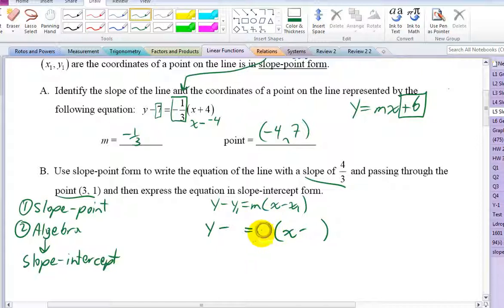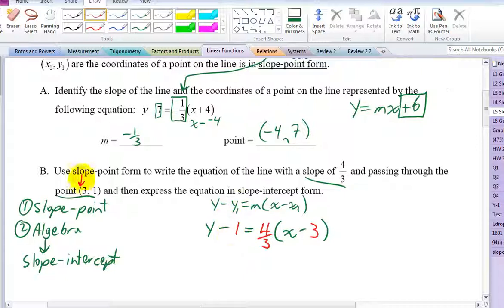4/3. So write 4/3 down right there. What goes right here for your x value from the point given? 3. Oh, it's not negative 3, it's a plus 3. But the subtraction sign must be there. Okay. Good. This is a subtraction, but what's the value of the point that we must write there? 1.